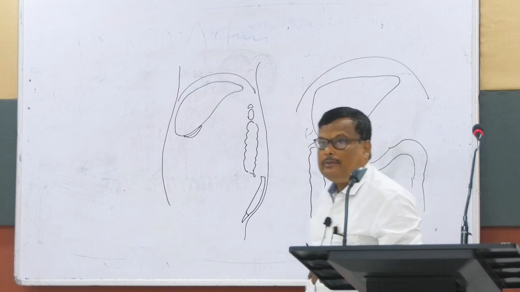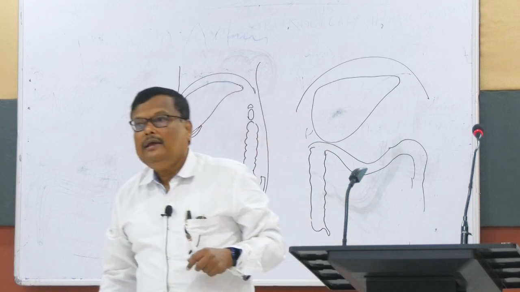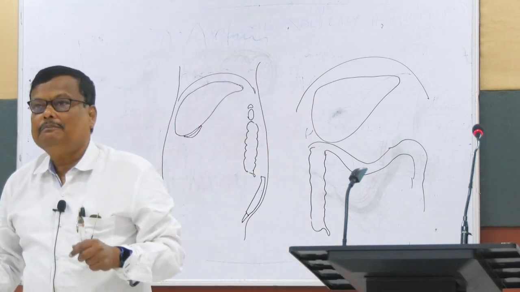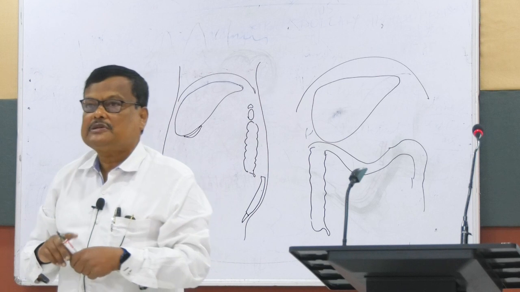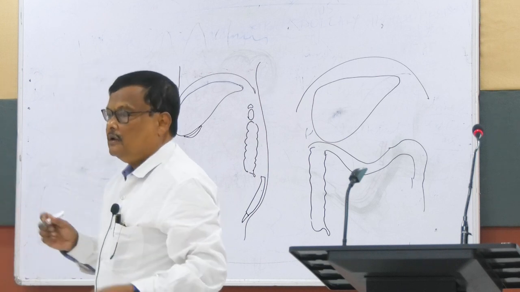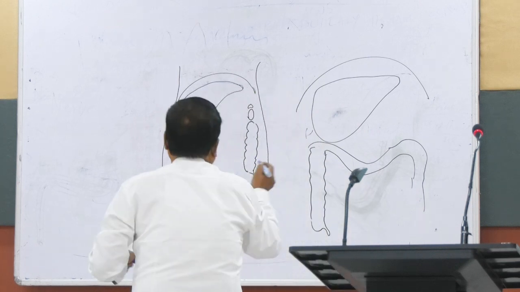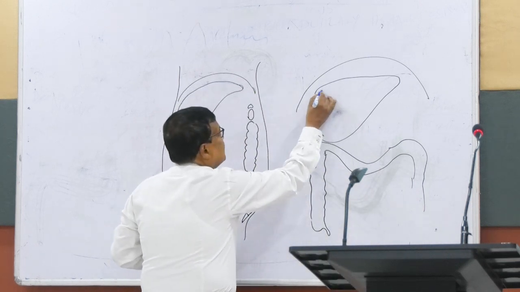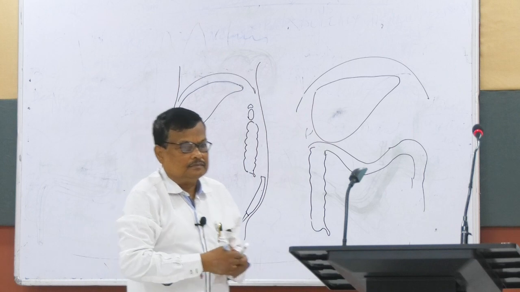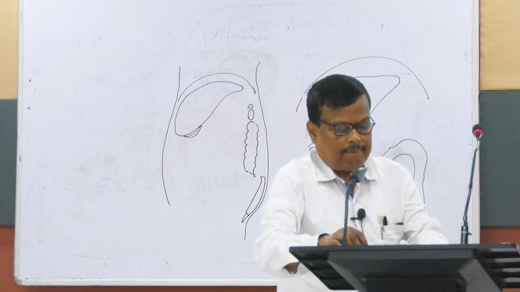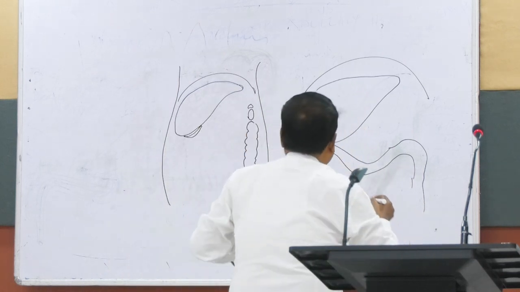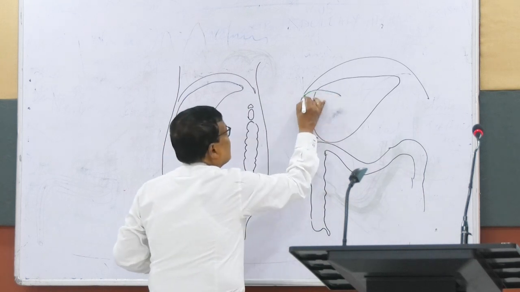Can you touch the diaphragm? No. Why can we not touch the diaphragm? Because, go to my first or second class, you will find the peritoneal reflection. There is a peritoneal reflection.